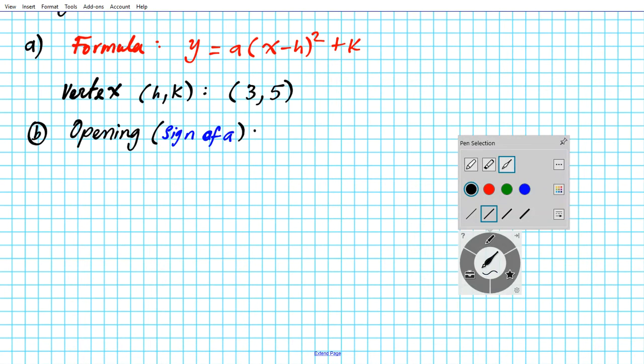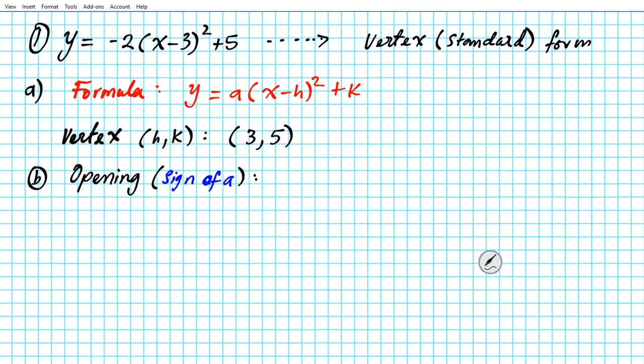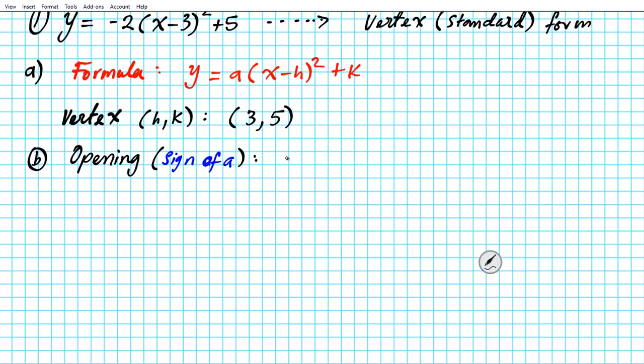In this case, we have a negative a value. The a value is -2, so what does that tell us? It tells us that y opens downward, since our a value, which is -2, is less than 0.